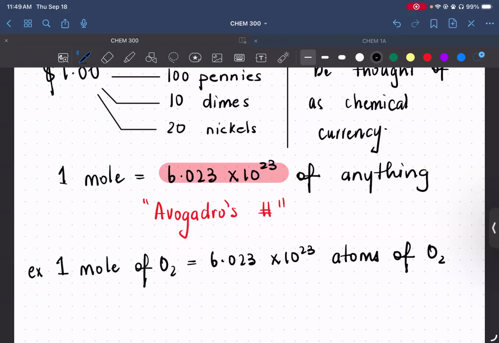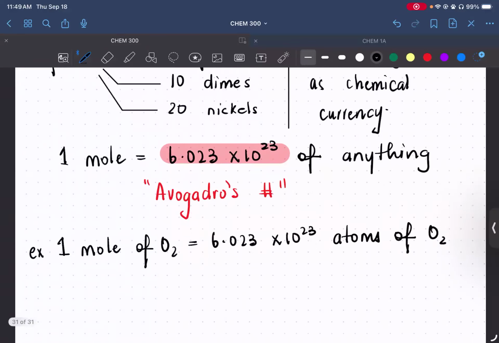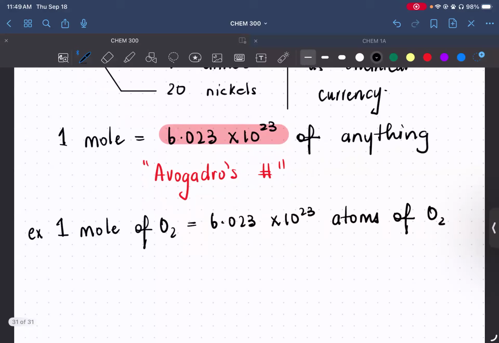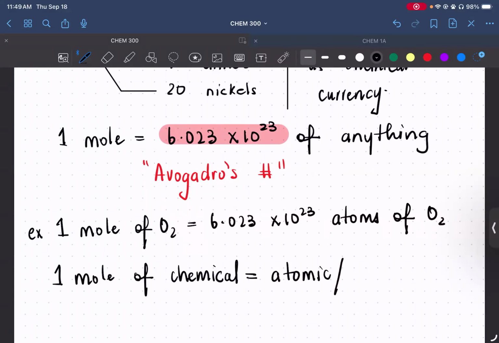So instead of us consistently saying things to the 10 to the 23, we just say 1 mole. We can also say that 1 mole of a chemical compound, or just of a chemical, is equal to that chemical's atomic or molecular mass.